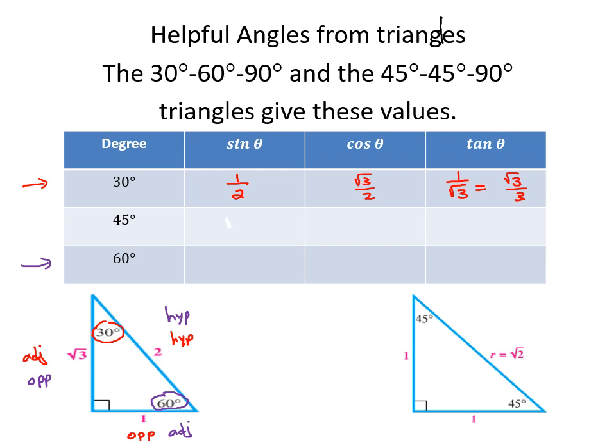Would be the root 3 over 2. Cosine would be the adjacent over the hypotenuse, which would be 1/2. Notice these are just backwards from the 30 degrees. That's not coincidental either. And tangent's the opposite over the adjacent, which is root 3 over 1, which is just square root of 3.